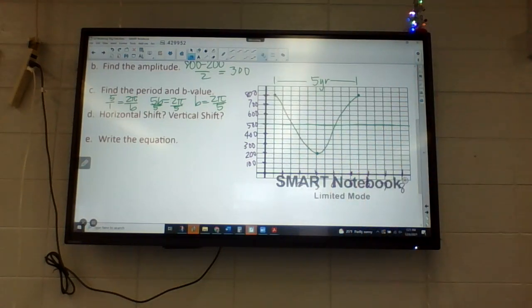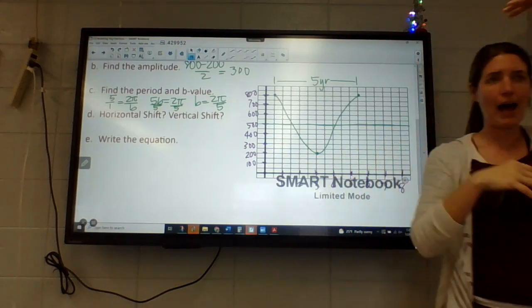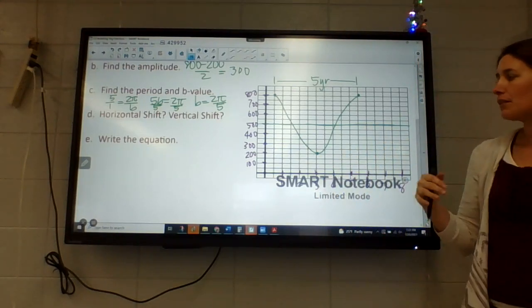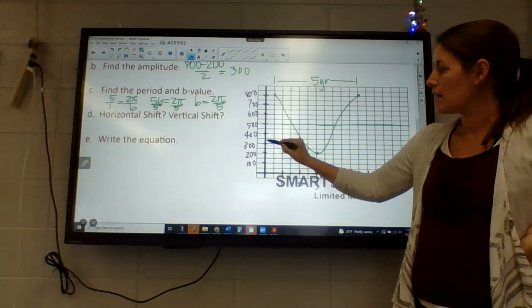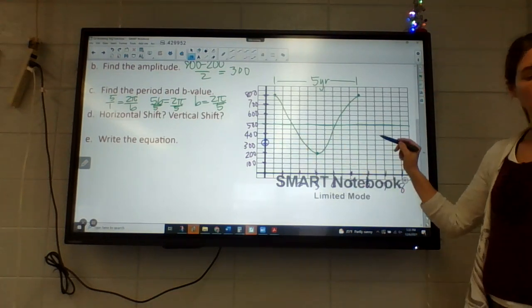If the amplitude is 300, where would it start? 0, 300. Typically, it would start here because the amplitude is how high it goes. So this would be our normal starting spot if this was a normal cosine graph.